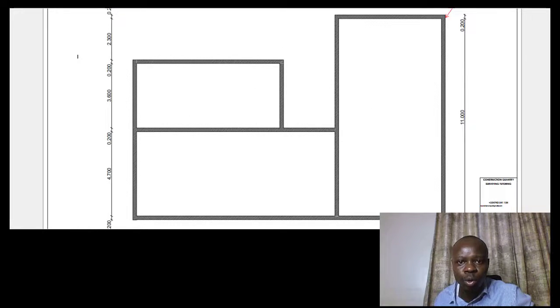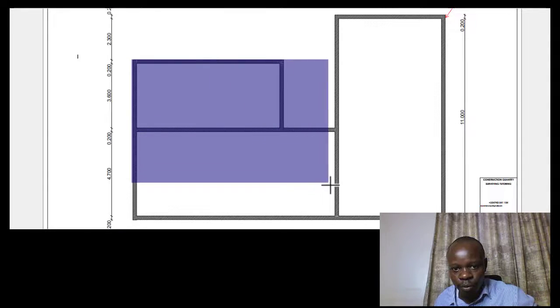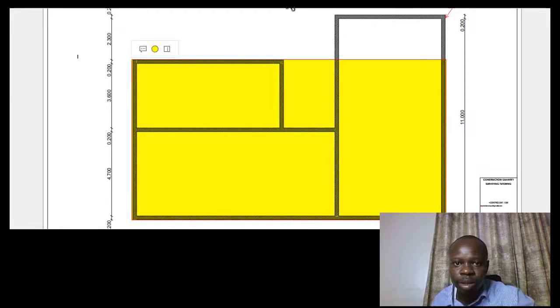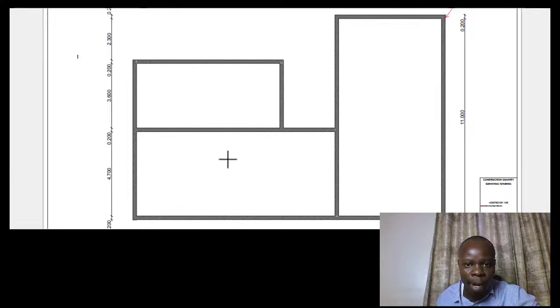You need to understand the areas that are necessary for you to measure. So we'll just see the areas that you'll need to talk about.